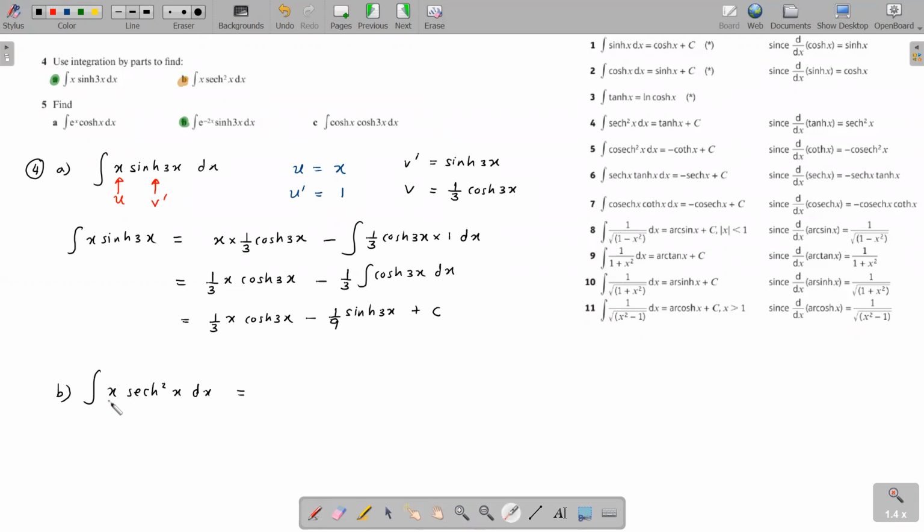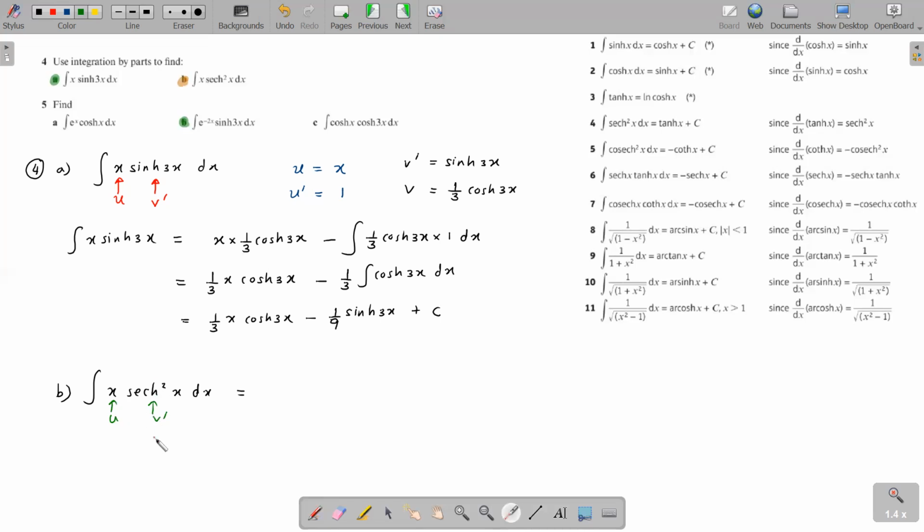So by the way, x, you can both differentiate and integrate. What about sec square? I think sec square you can see from rule number 4 in the integration. Do you see sec square can be integrated? Yeah, so then we can go for sec square as a v dash. Okay, x can be a u. If x can be differentiated, it becomes 0 very quickly.